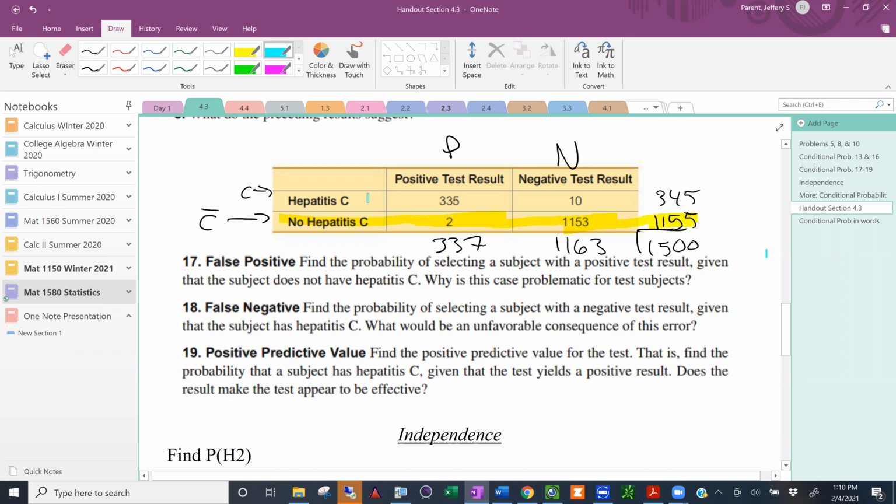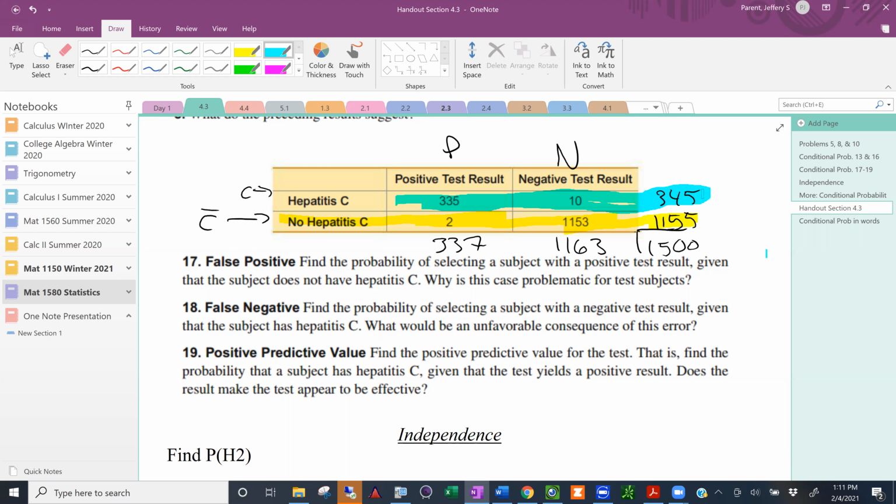By understanding that the event C has happened, we're at this row. So we're in the first row of this table, and there are 10 people amongst the 345 who got hepatitis C, yet got a negative result.